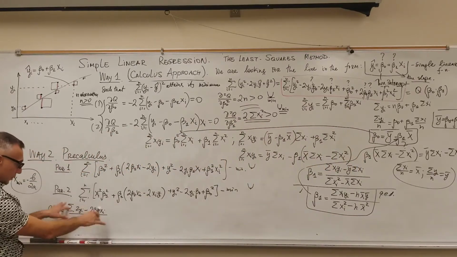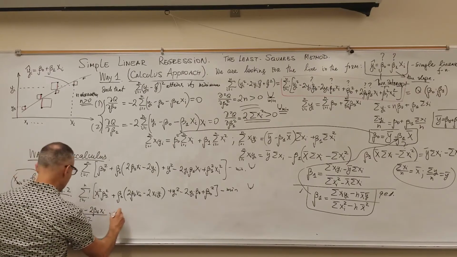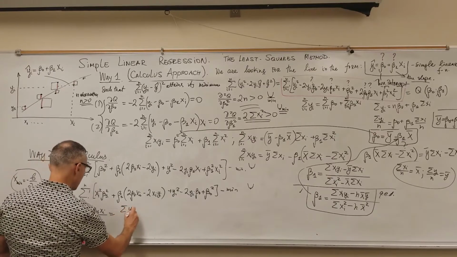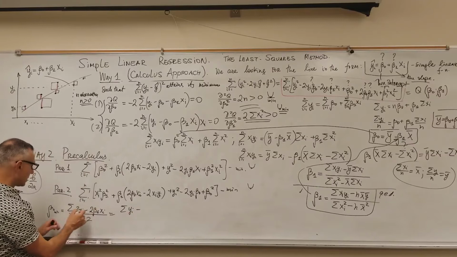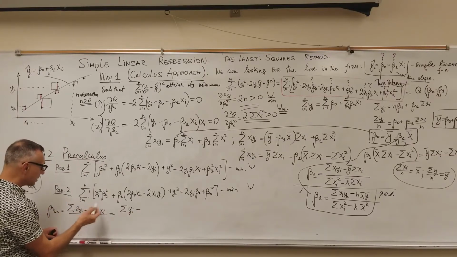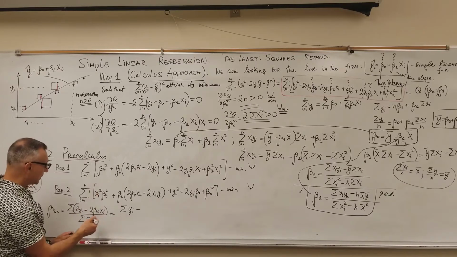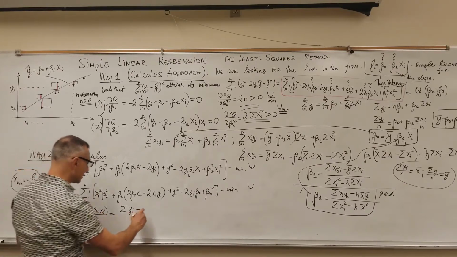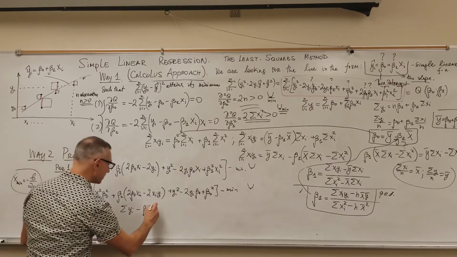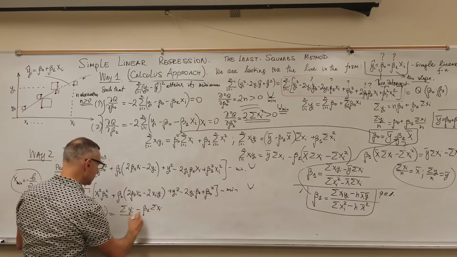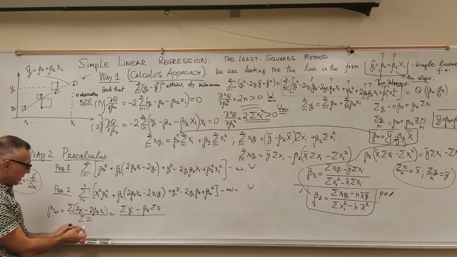So I can reduce 2 everywhere, and I will get the summation of yi's minus, everything under the summation here, beta 1 out, minus beta 1 summation of xi's, and divided by n.